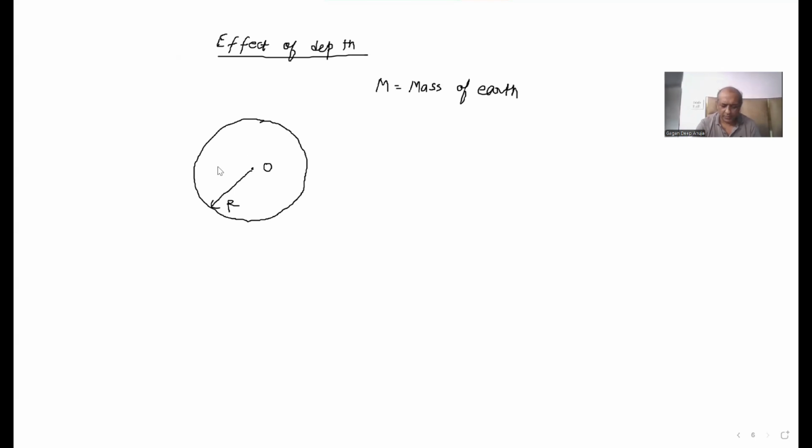And suppose A is a point on the surface of Earth. The value of acceleration due to gravity on the surface of Earth is taken as small g. Then small g on the surface of Earth is given by the formula small g is equal to G M by R square. Let us say this is our equation number 1.